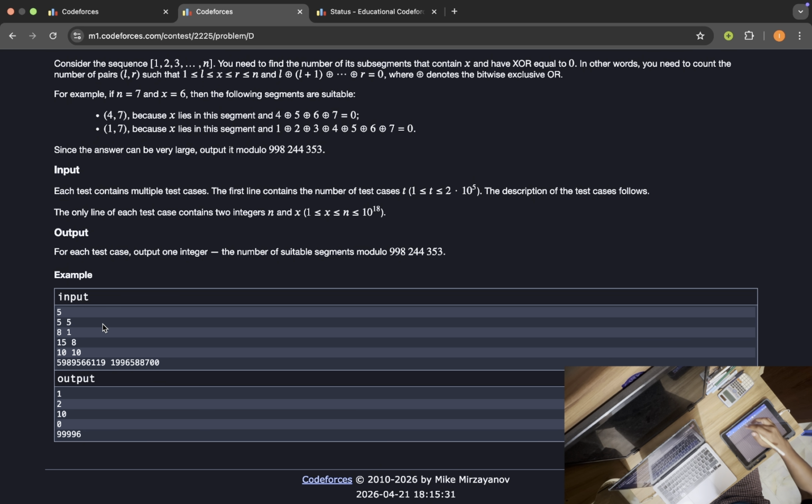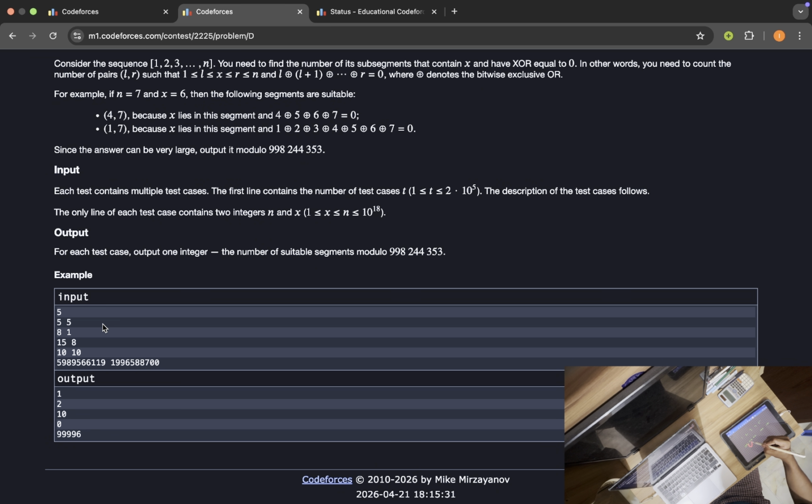Okay. Interesting question. 1 2 3, 1 2 3 4 5. It said n is 5, 5 can contain that. Okay, answer is 1. Yeah, because 0, 0, 1, 1, 0, 1, 1, 1, 0, 0, 1, 0, 1.